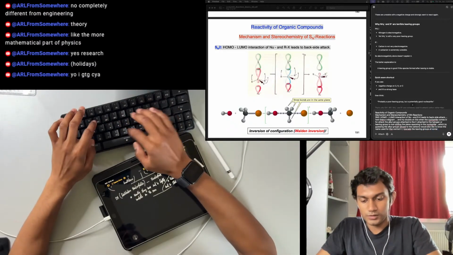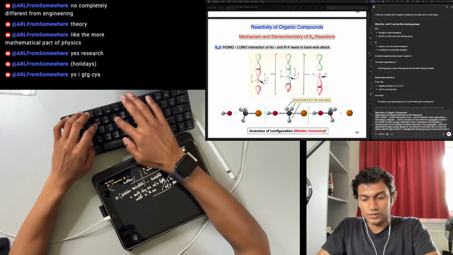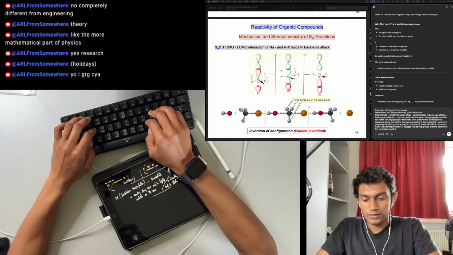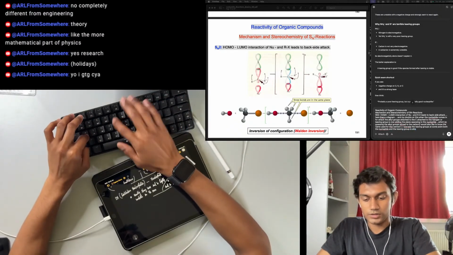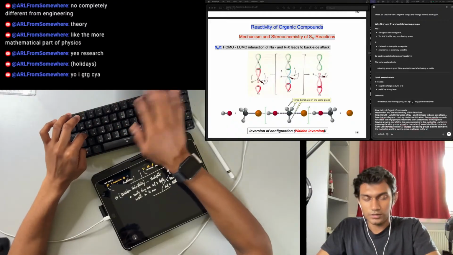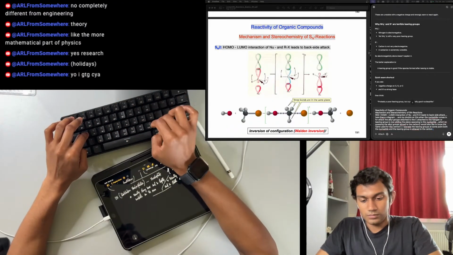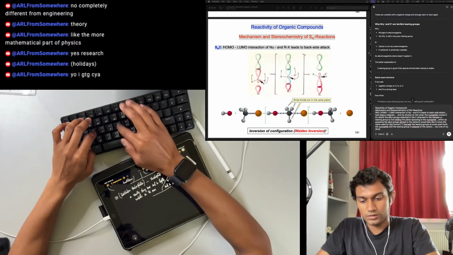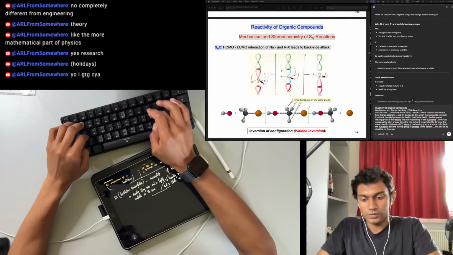At some point, both the nucleophile and the leaving group are attached to the carbon, but one of my doubts is, is there polarity involved?